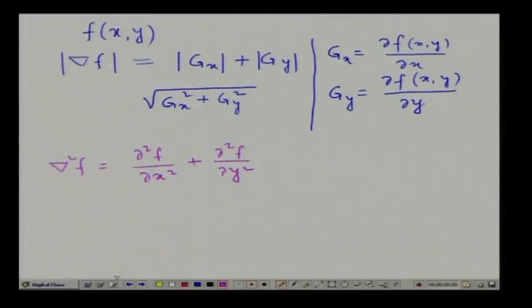So, if I assume that we have an image where we have a dark object against a bright background, in that case, for the object pixels, the Laplacian near the edge will be positive, and for the background pixel, the Laplacian near the edge will be negative. So, simply by making use of this property, what we can do is, we can create from f x y, the gradient of f, magnitude of this, and del square f.